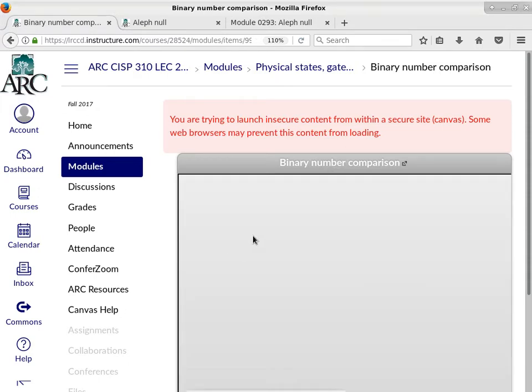Let me read that message. You're trying to launch insecure content from within a secure site in Canvas. Some web browsers may prevent this content from loading.